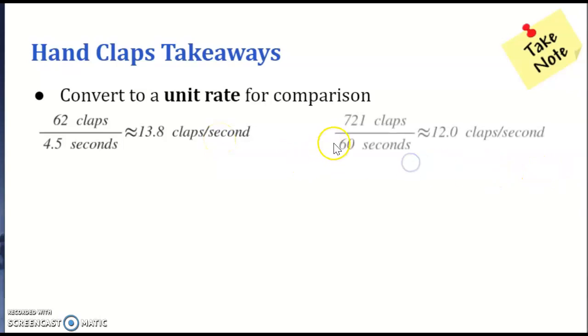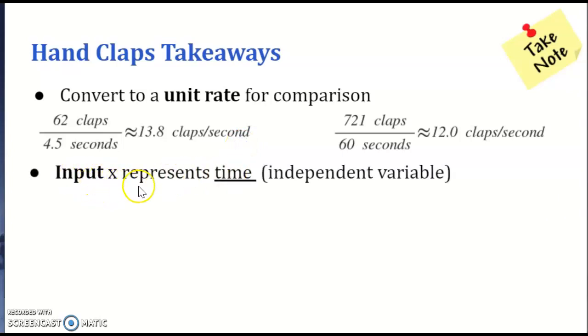In contrast, the record holder was 721 claps per 60 seconds, so the unit rate is 12.0 claps per second. Obviously you can see that 13.8 is bigger than 12.0. That means Brian clapped in 1 second more claps than the record holder. So yes, he's going to break the record.